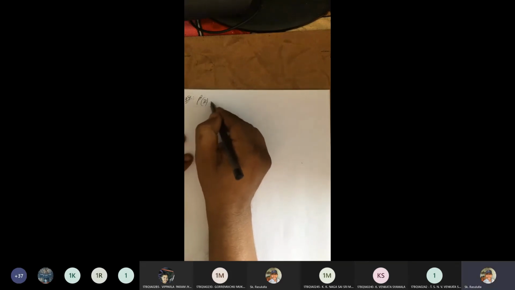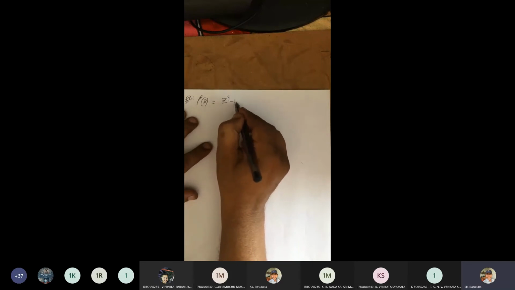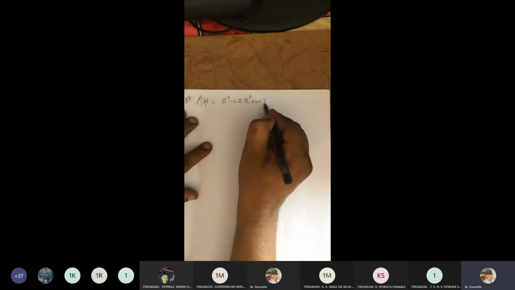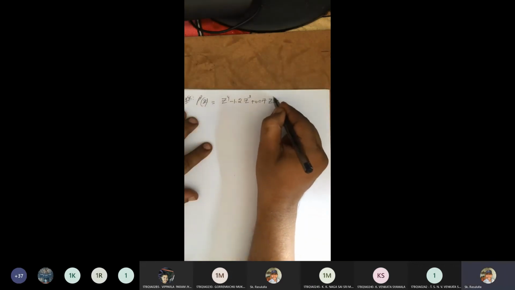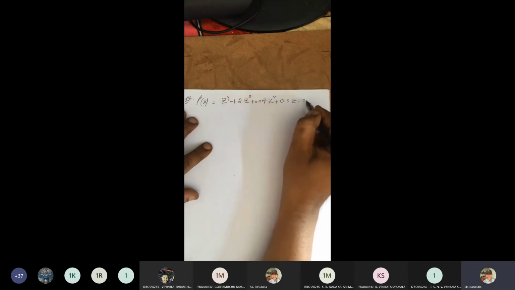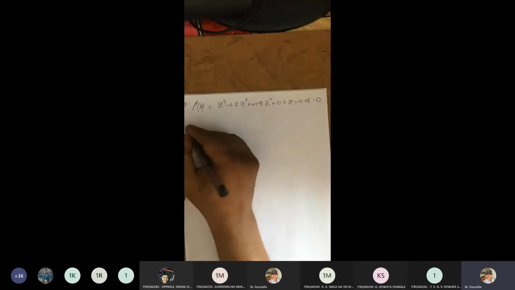P of z is equal to z to the power of 4 minus 1.2 z cube plus 0.07 z square plus 0.3 z minus 0.08 is equal to 0. You have to investigate the stability. Given the మీకు characteristic polynomial ఇచ్చాడు అన్నమాట. Then you have to investigate the stability, right? Let us take the solution.